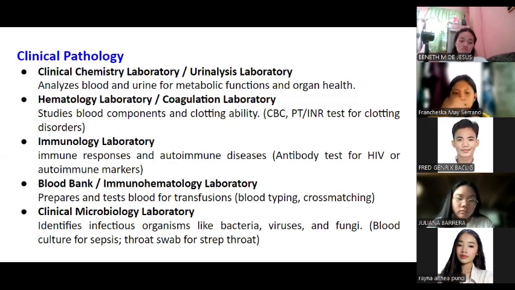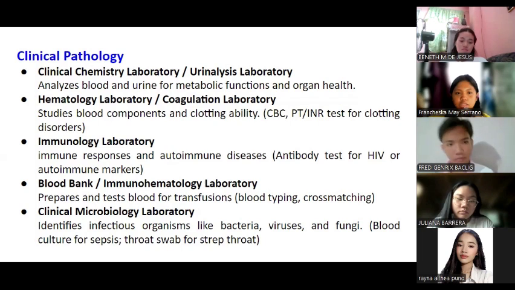Next, blood bank or immunohematology laboratory. Dito tinatest cross-matching and blood typing for blood transfusions.